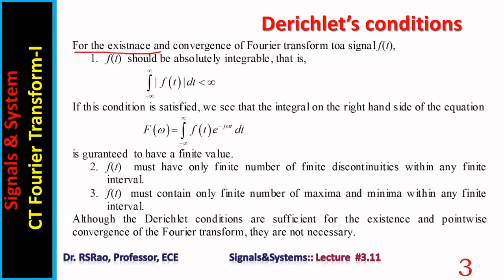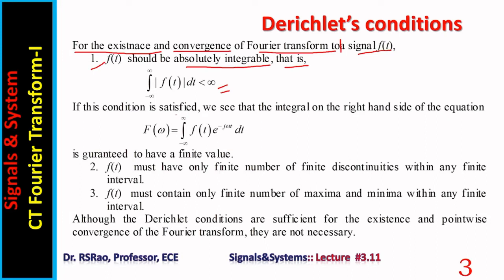For the existence and convergence of a Fourier transform to a signal f of t, 1. f of t should be absolutely integrable. That is, integral minus infinity to plus infinity, magnitude f of t dt should be less than infinity or finite.